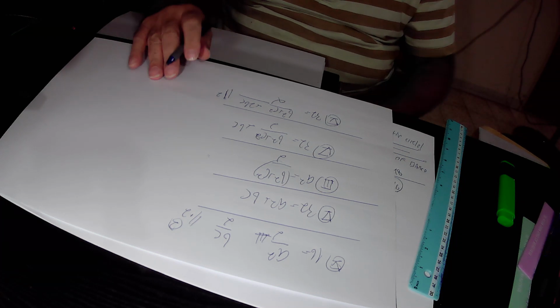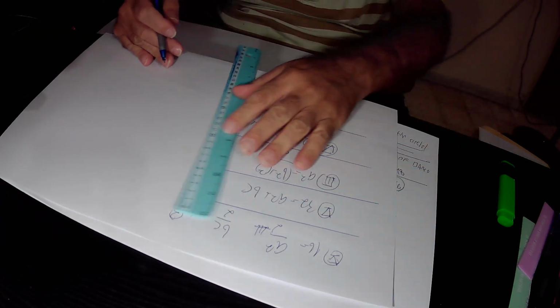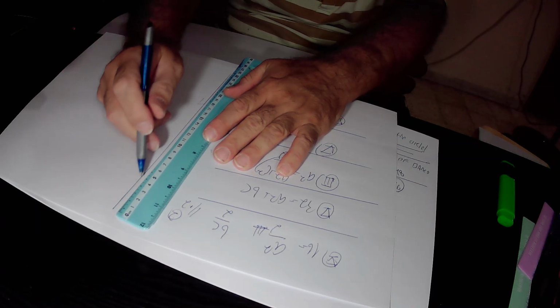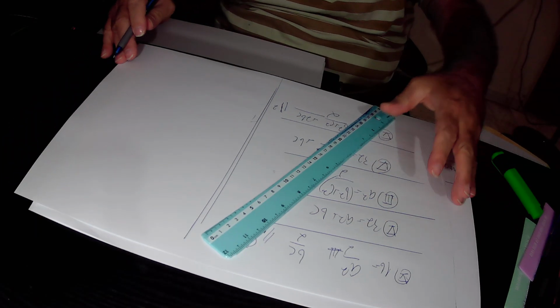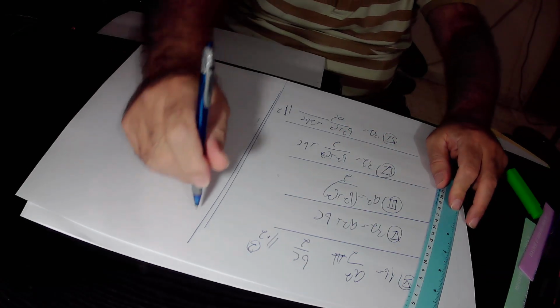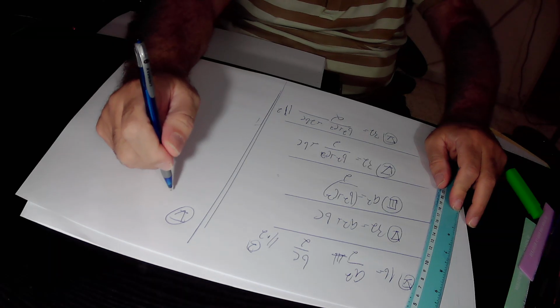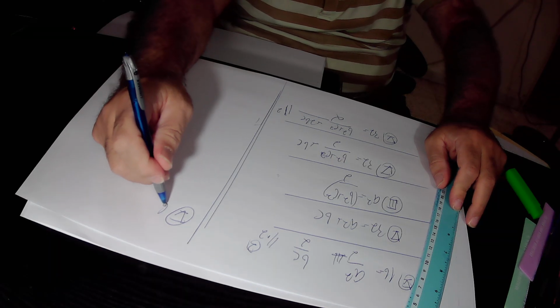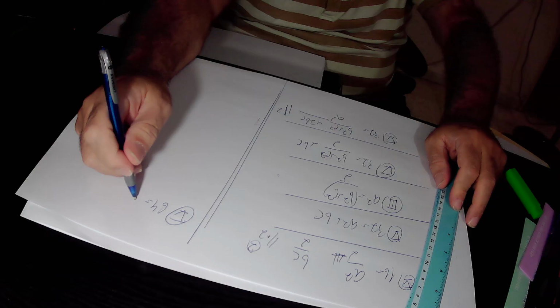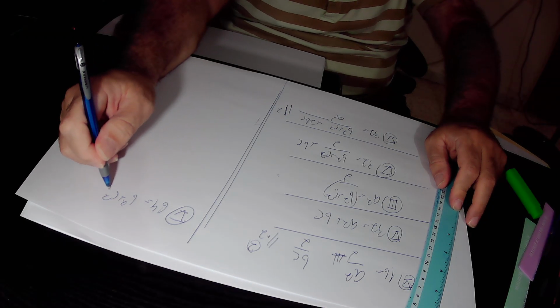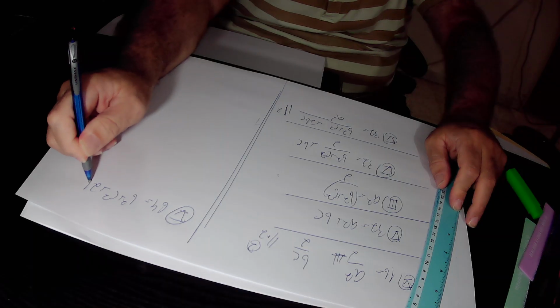And get it according to equation 5, 32 times 2 is 64 equals to b square plus c square plus 2 times b times c.